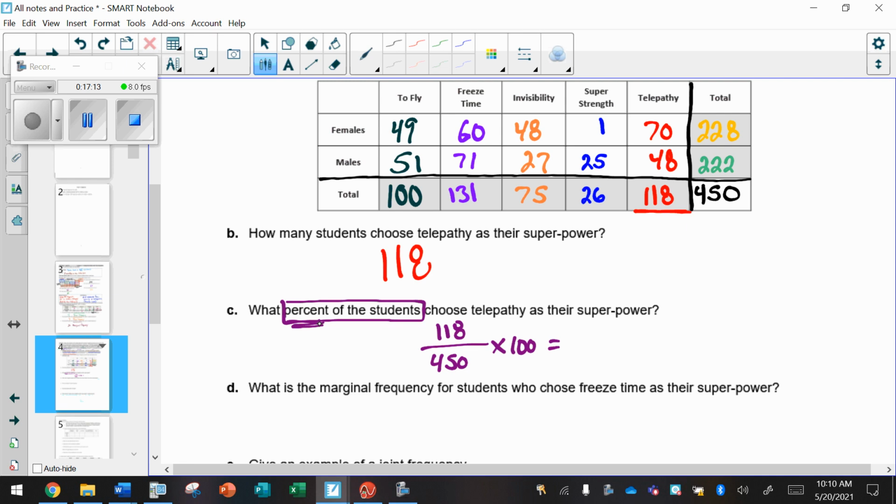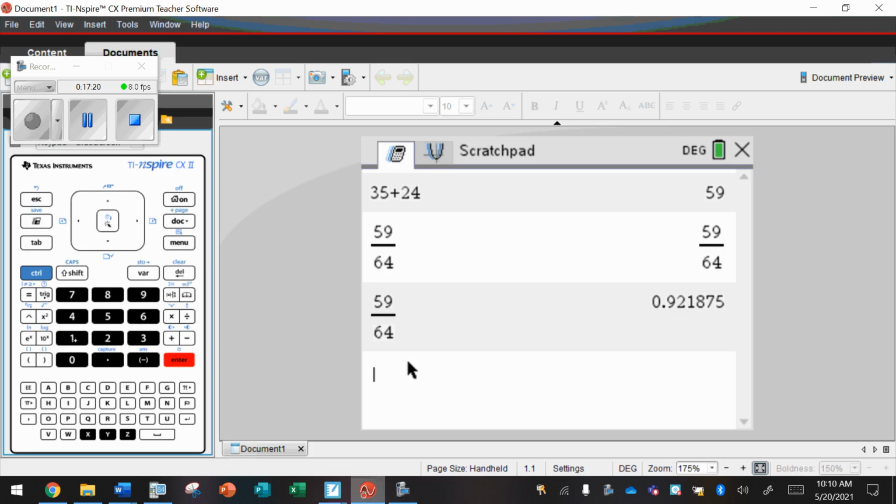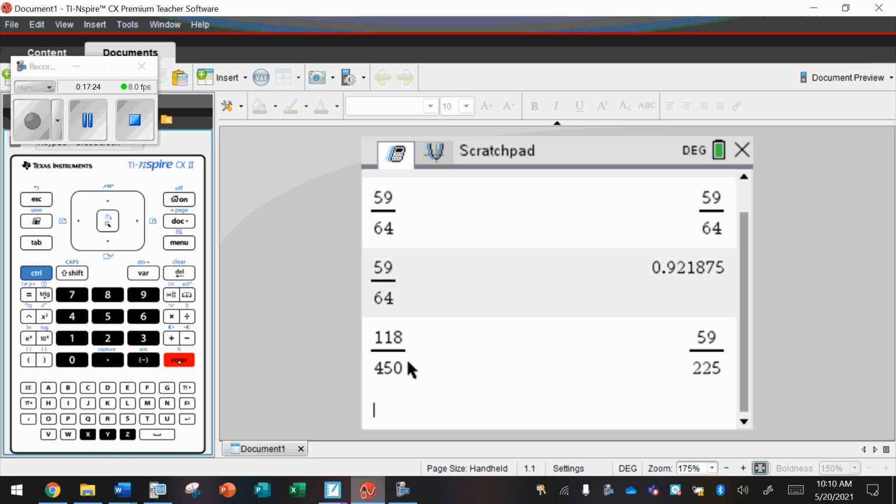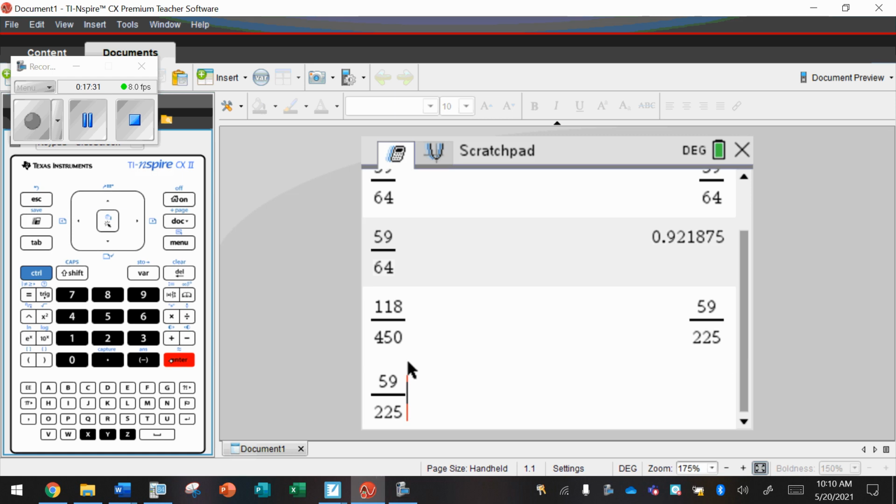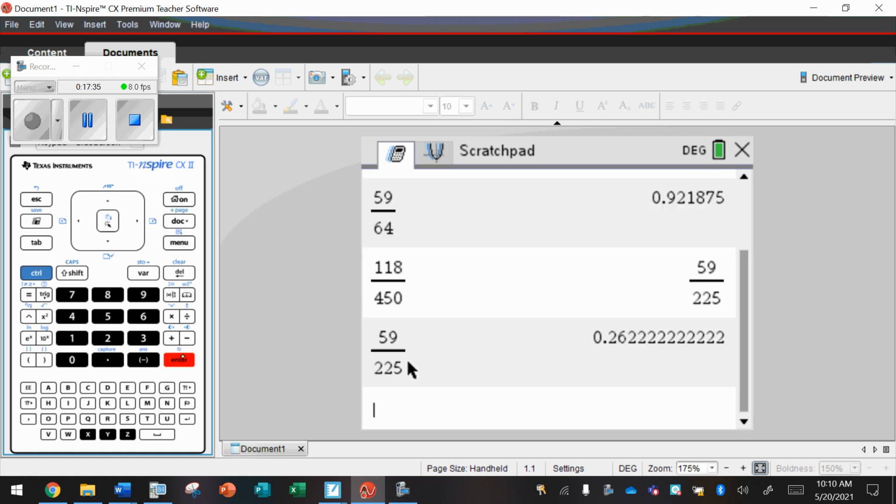So you go to your calculator, push the buttons, 118 divided by 450 gives us that fraction. What we want is the decimal version, so instead of hitting enter, you can hit control and then enter. It'll give us the decimal.